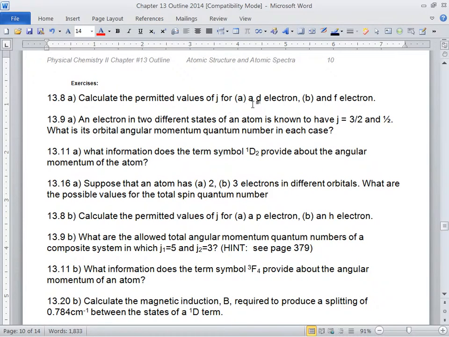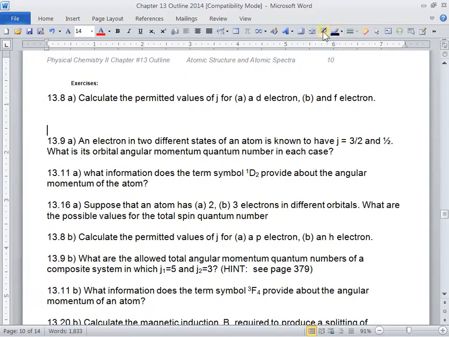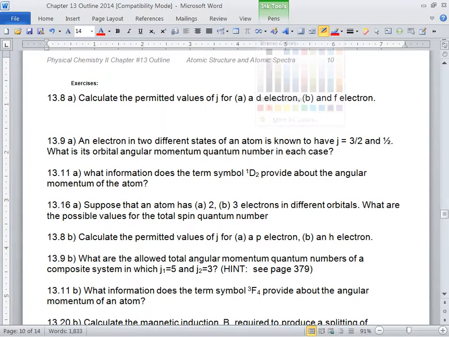Calculate the permitted values of J for a D electron. I don't think these are that bad. We have a D electron, and they want to know what J is. The only way to know what J is is if you know what S and L are. So you've got a D electron, which means L must be 2, S must be a half.